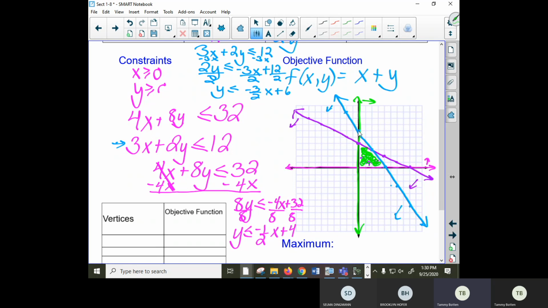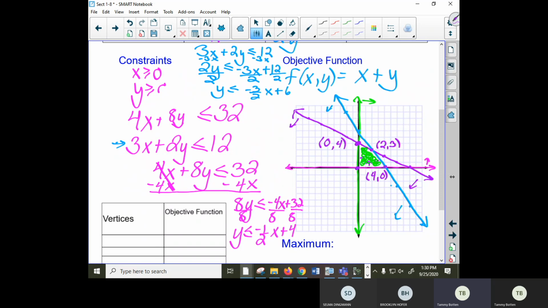All right. And then we have to find those points, our vertices. This one is 0 up 4, so that's the vertex 0, 4. This one right here is over 2 up 3. This one, 1, 2, 3, 4, so 4, 0.